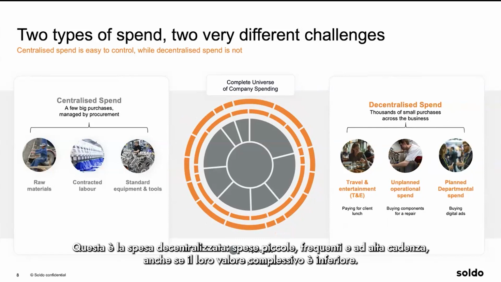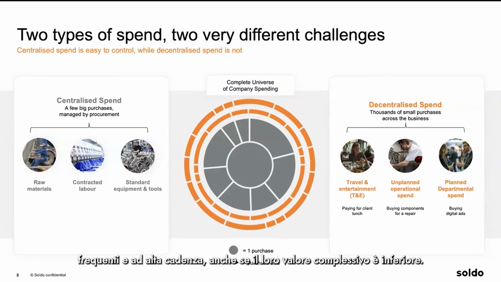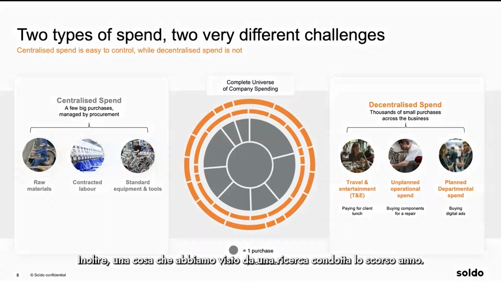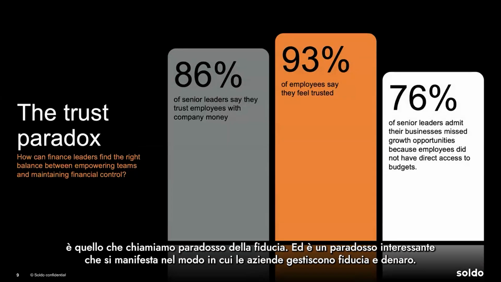So this is decentralized spend, that small, frequent, high cadence of spending, even if the overall value is lower, and it's largely unmanaged.